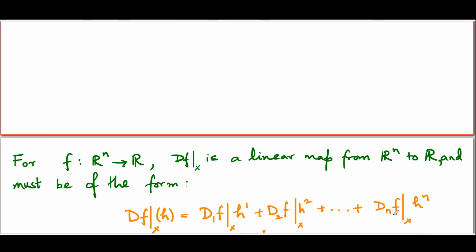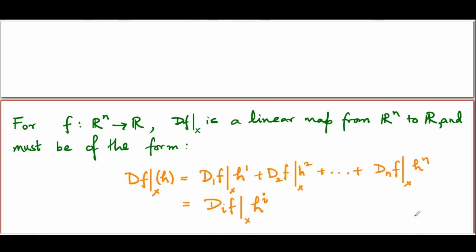Basically because this is going to be the form which any linear map acting on a vector in Rn will be. What is important here is that the coefficients d1f at x, d2f at x, up to dnf at x completely determine what the linear map is. And these are called the components of the differential map.